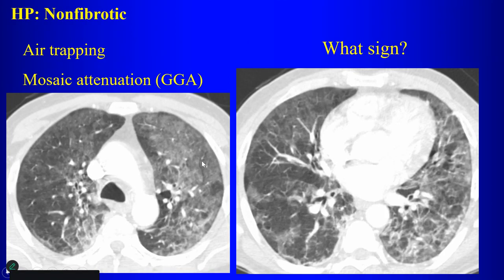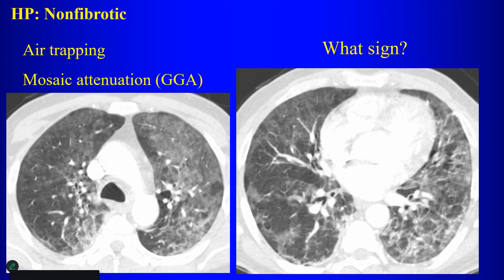And then we can also have mosaic attenuation from air trapping, the different areas of air trapping better seen on expiratory views. And then sometimes you'll have these lobules of air trapping mixed with lobules of ground glass opacity, mixed with areas of lung that are more normal appearance. So the combination of all that, there's a certain sign, a term has been used to describe that. What is the term?